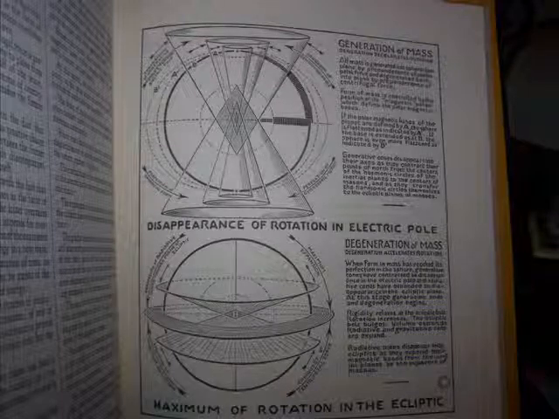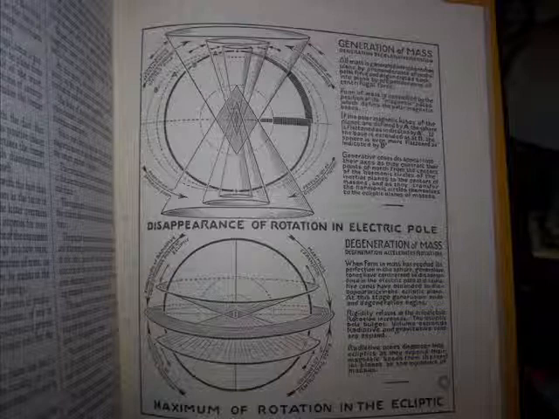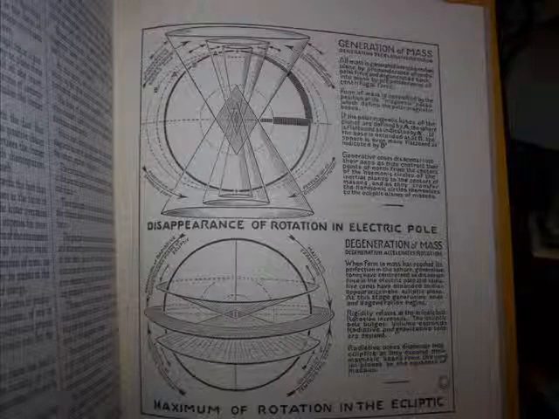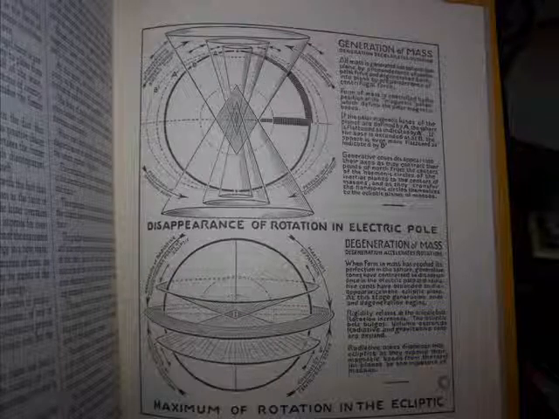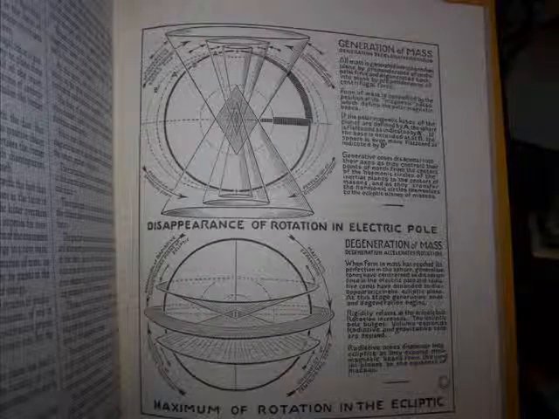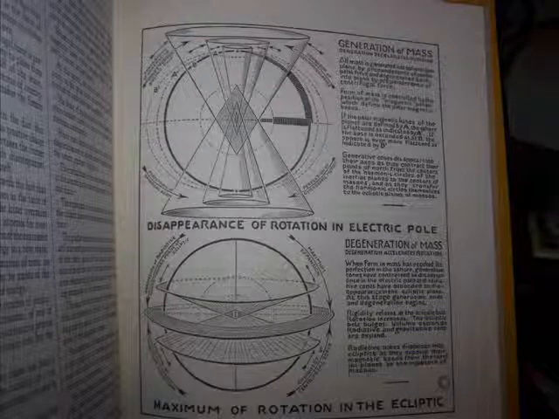Thus are the polar surfaces of all masses the regions of transference of the inertial cold of non-motion, and the equators the regions of transference of the resistant heat of maximum motion.